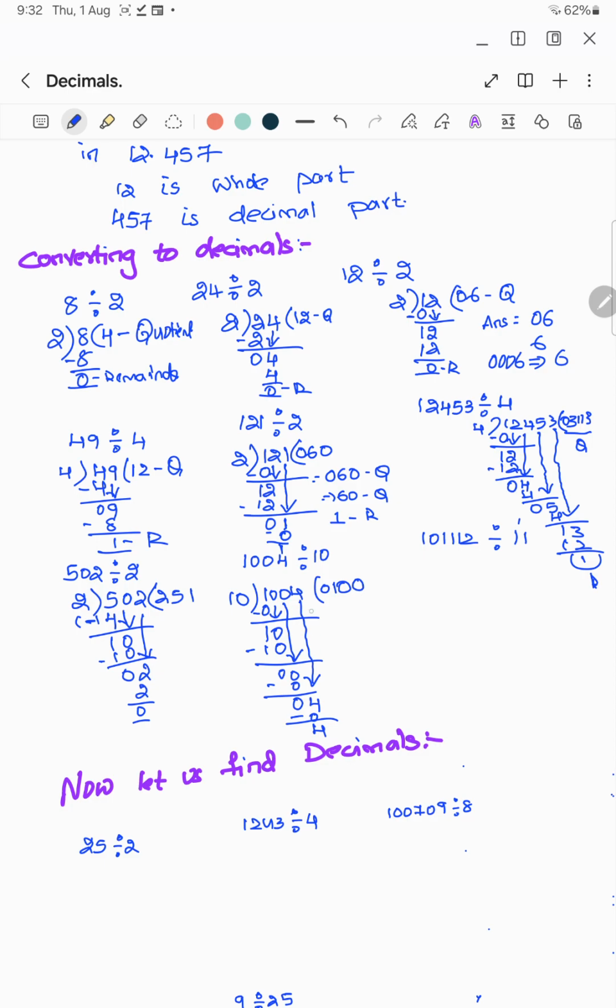There are no numbers to carry down. So this will be the final remainder, and this will be the quotient. So the quotient is 0, 1, 0, 0, which is equal to 100.